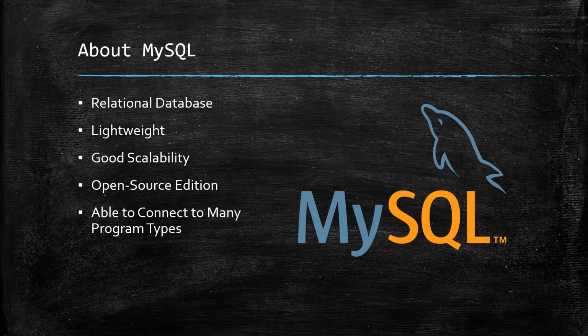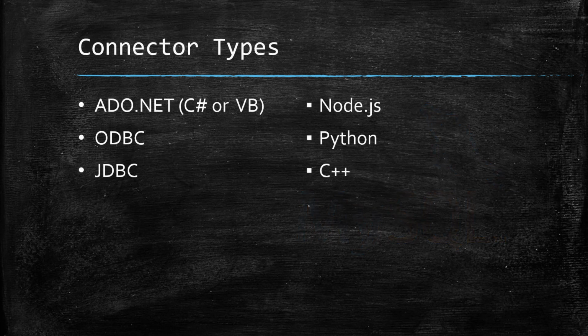There's also open source parts of the MySQL community. That means that there's a lot of growing that is happening consistently. Growing includes the connector types. There are many connectors that the people working with MySQL have made.